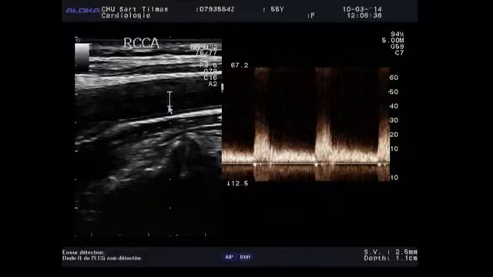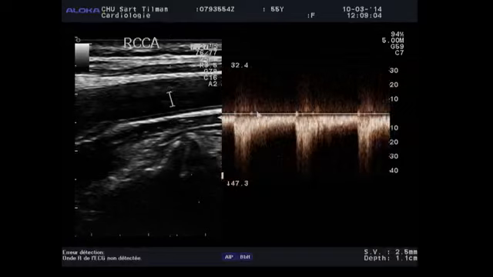You can see that my beam is not in the direction of blood flow, and you can see that velocities are underestimated. This one is even worse. You can see that the blood flow goes this way, and my steer is here. It's wrong.